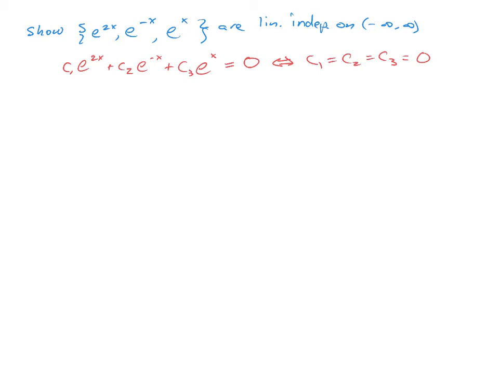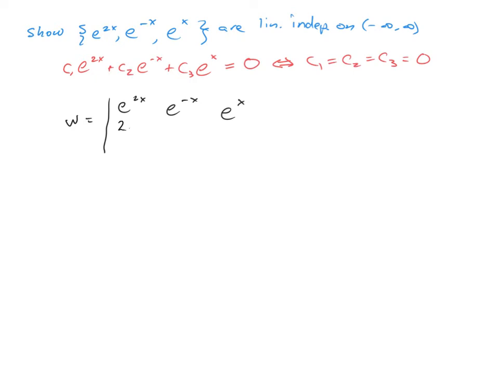So the Wronskian for this is going to be a 3 by 3 determinant of our original functions for the top row, and then their derivative for the second row, and then their second derivative for the third row. And then we can calculate this 3 by 3 determinant and show that it is not equal to 0.